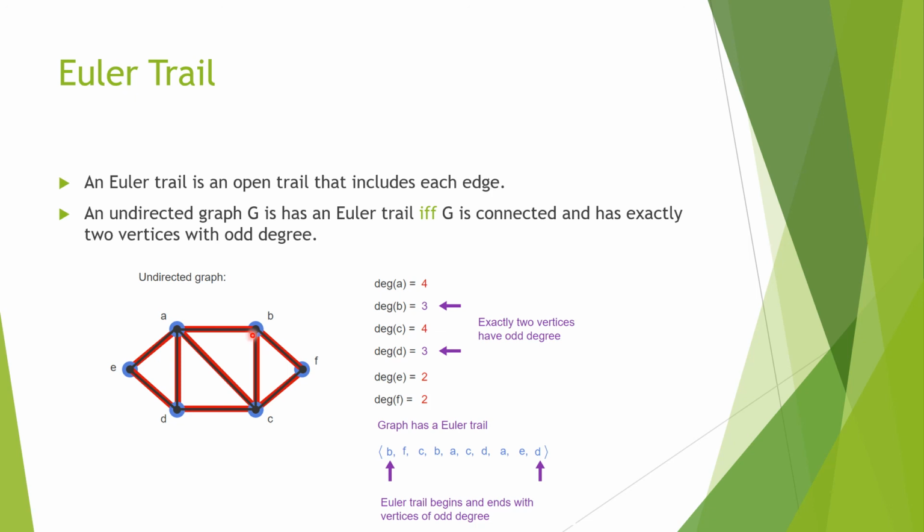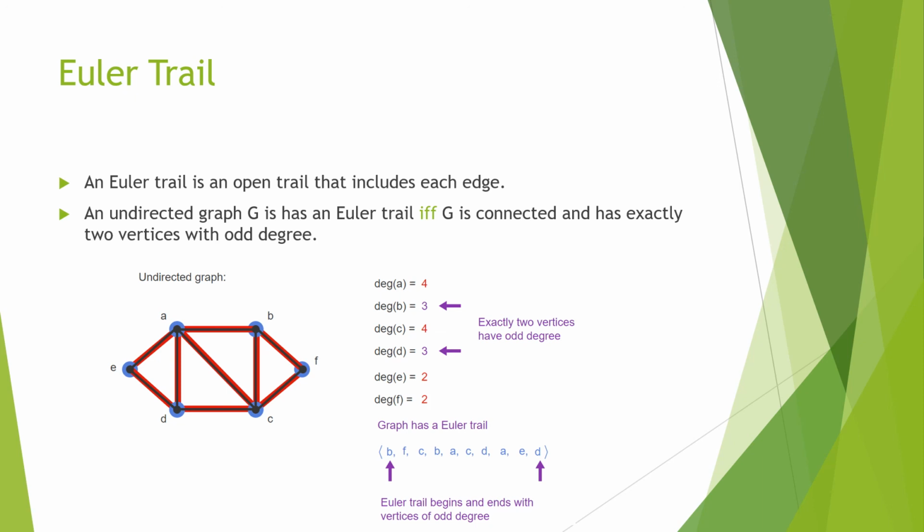We start from B, and then we go to F, C, then we go back to B, then we go to A, then C, then D, then A, then E, and then finally we go back to D. So we started from B and we ended up at D. It's not a closed walk because the first and last vertex are different.